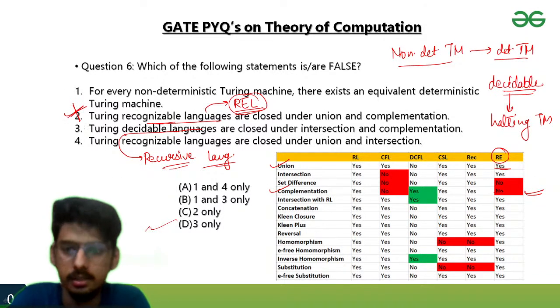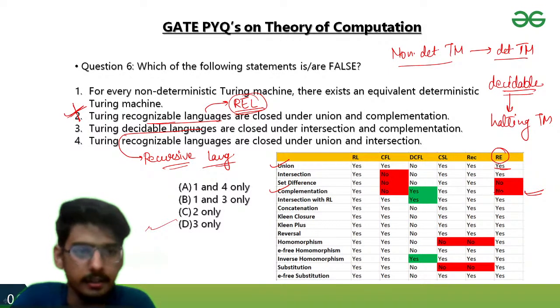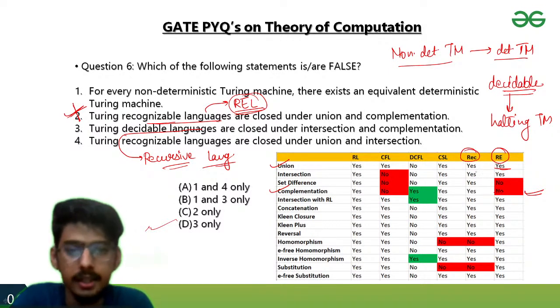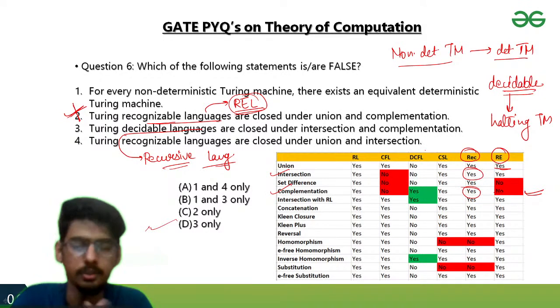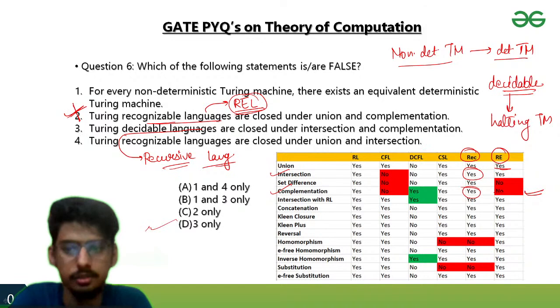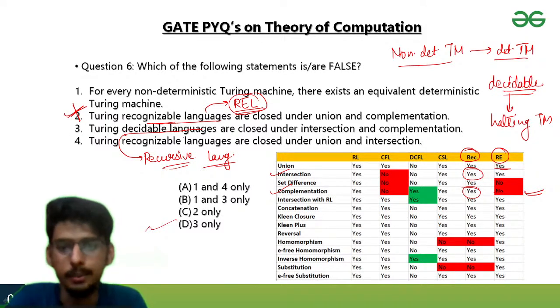Let's have a look at the third and fourth statements, whether they are correct or not. Recursive languages are closed under intersection and complementation. Under complementation, yes. Under intersection, yes. So in both cases it is closed, so the third is correct. Now the fourth is again Turing recognizable, which means recursively enumerable languages.